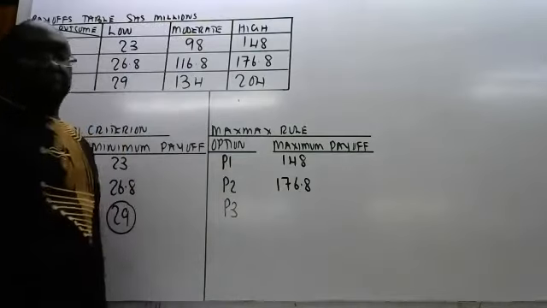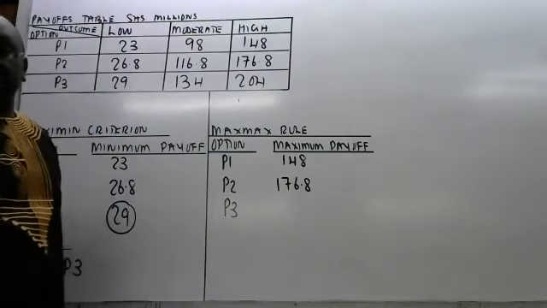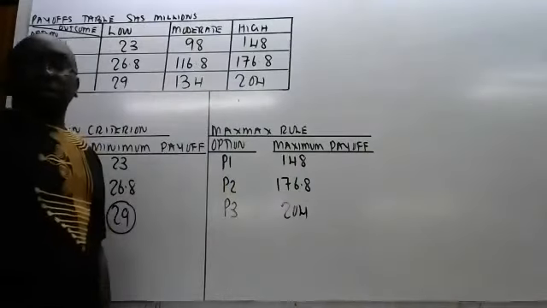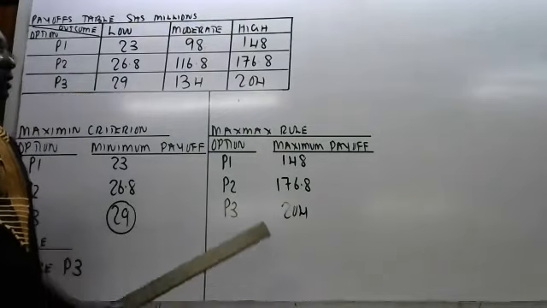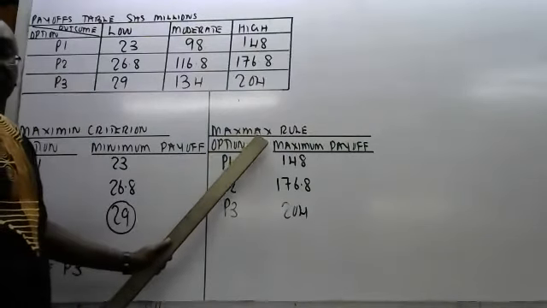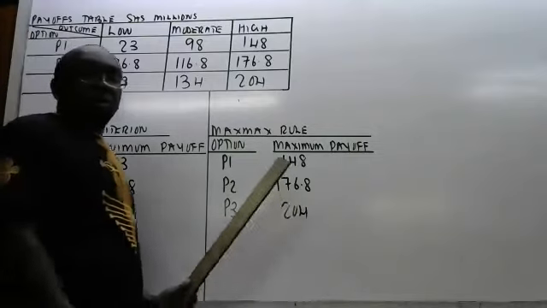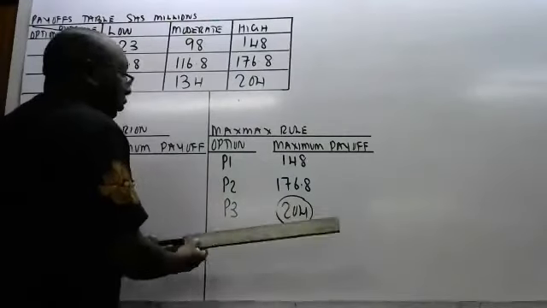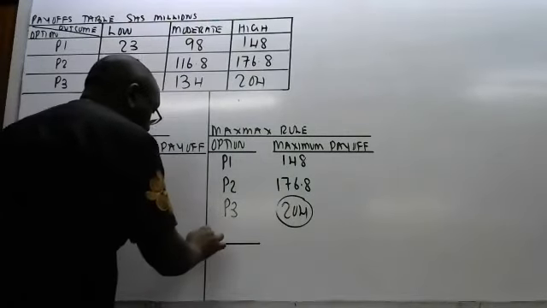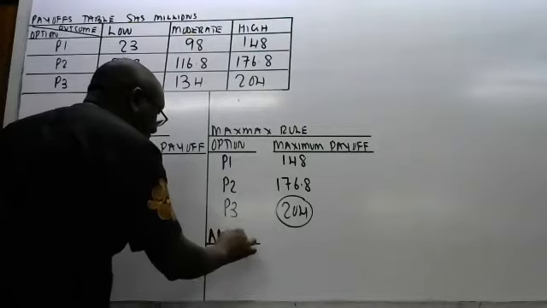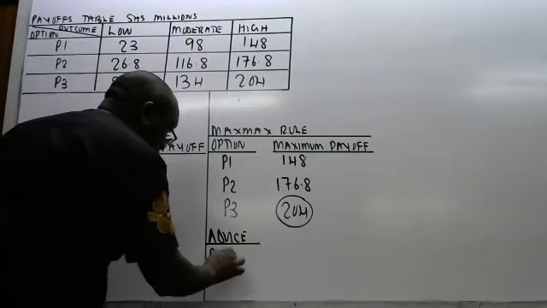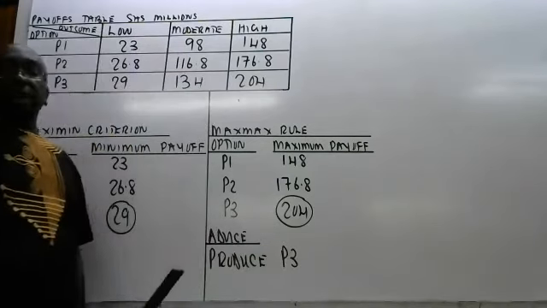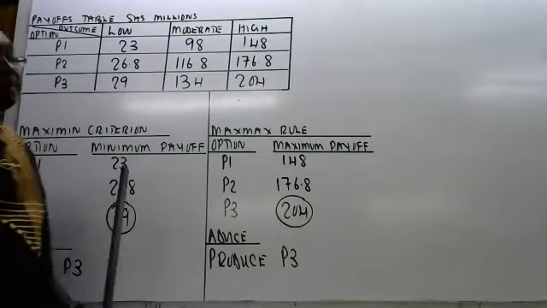And P3, the maximum in P3 is what? Good, it is 204. So this rule says select the maximum of the maximums. So the maximum of the maximums is this one. So what do we advise them? What we will tell them is to produce P3, which has the maximum.